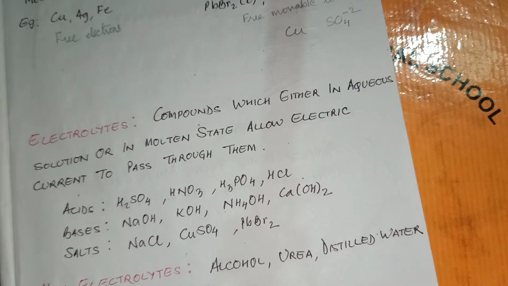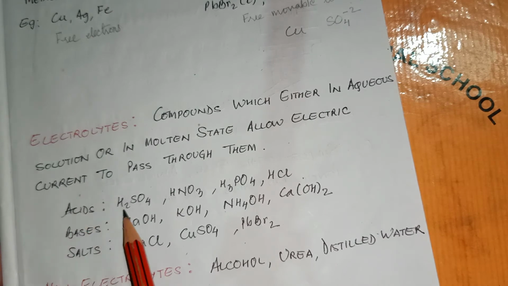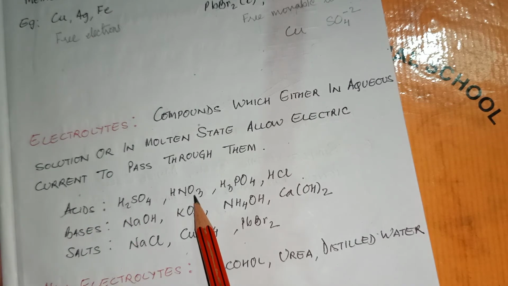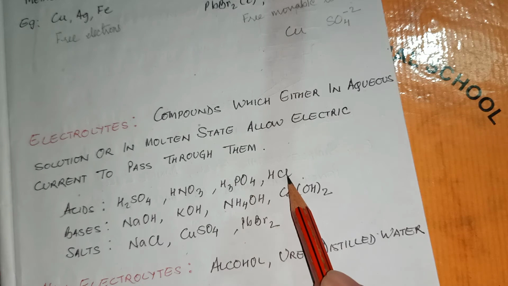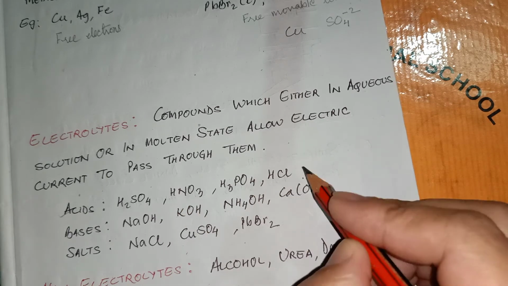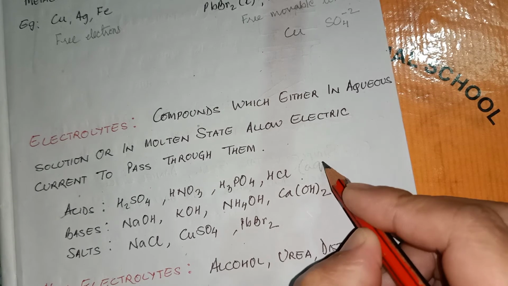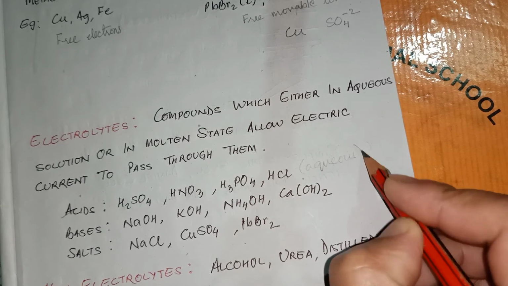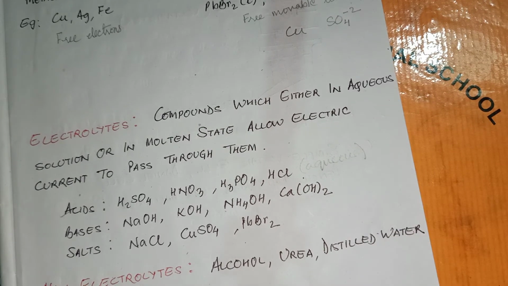Electrolytes can be acids like sulfuric acid, nitric acid, phosphoric acid, hydrochloric acid, but they are all good electrolytes only in the aqueous state. Okay boys, bases can also be electrolytes, like sodium hydroxide, potassium hydroxide, ammonium hydroxide, calcium hydroxide.